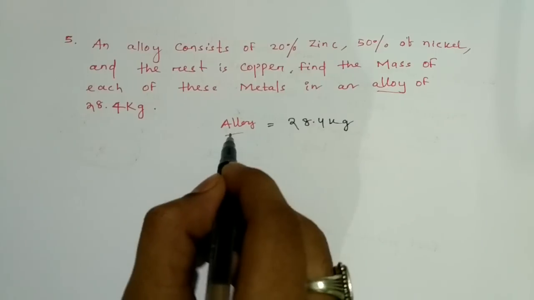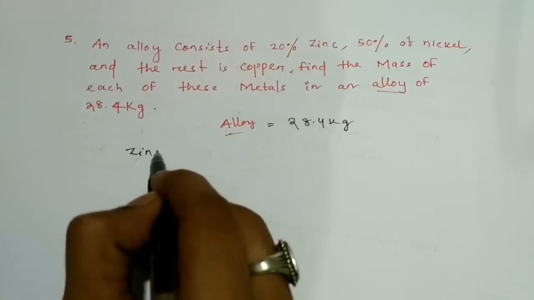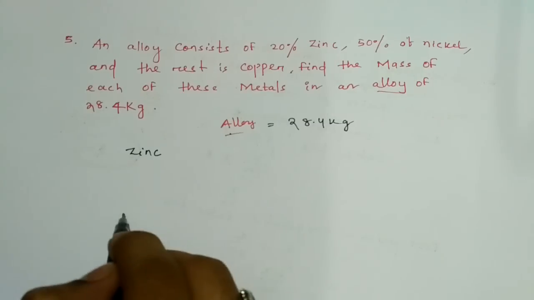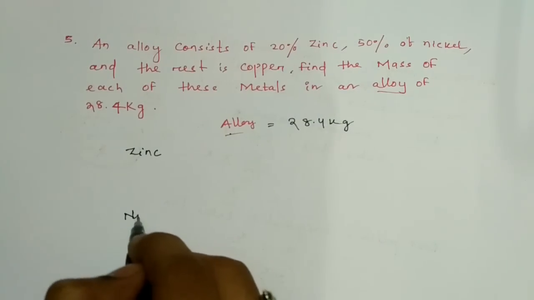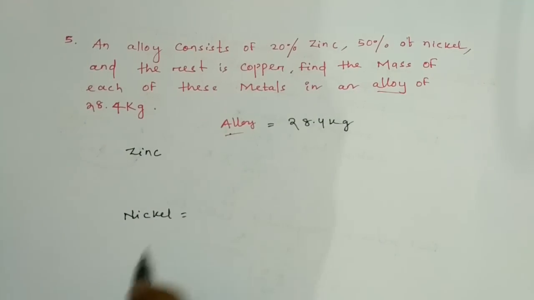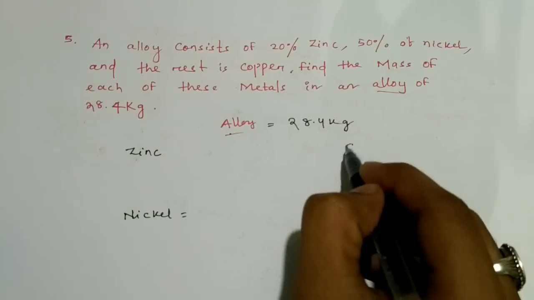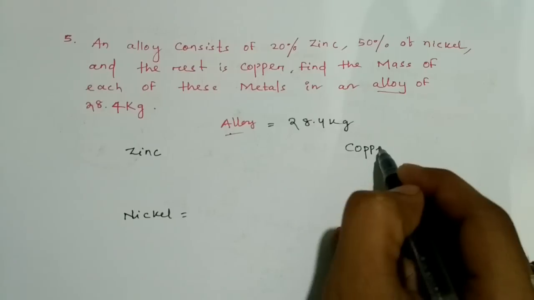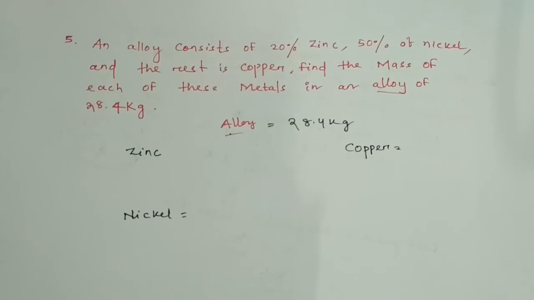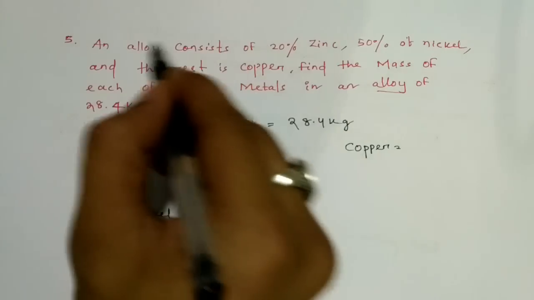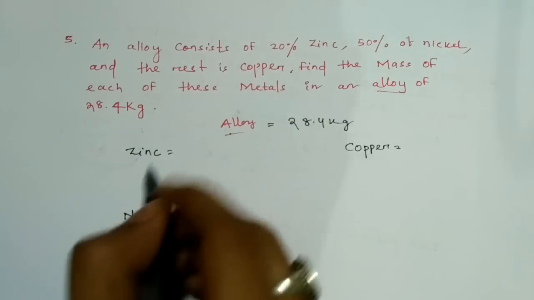This alloy consists of zinc and nickel, and the last one is copper. We have to find out the mass of each according to its percentage. In the question, the alloy consists of 20% of zinc.